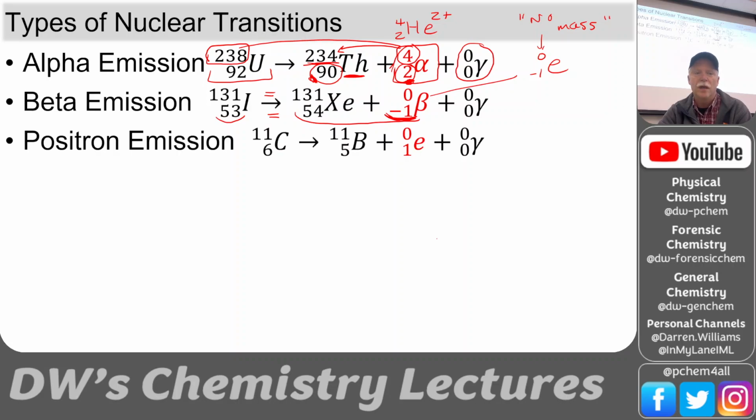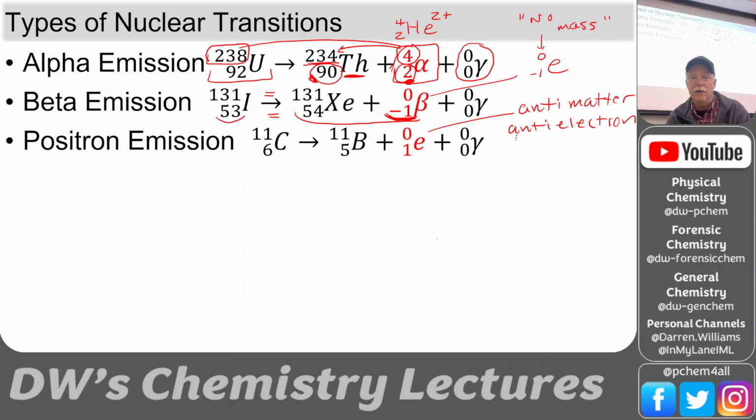Now, this is a positron, so this is where we get into antimatter, which is very strange. You can spit out a beta particle, but you can also spit out a positron, and that's an anti-electron. So it has all the properties of an electron, except it has a positive charge instead of a negative charge.